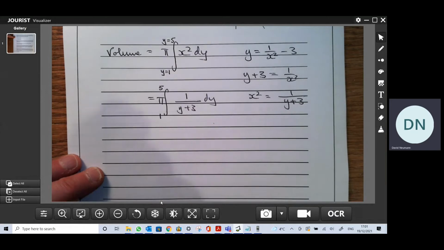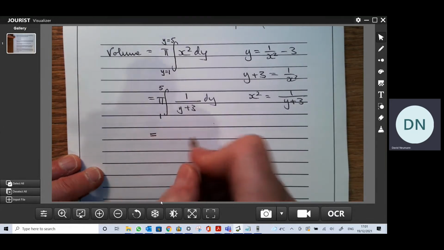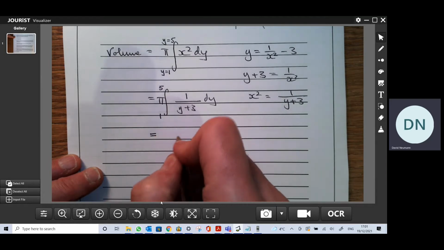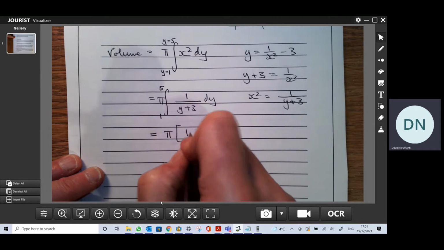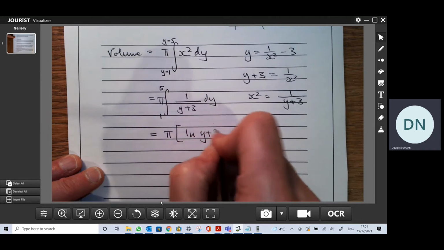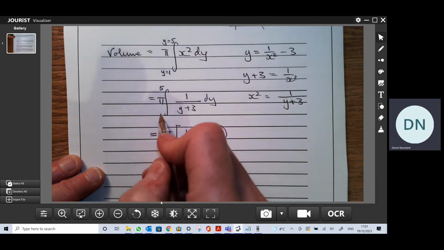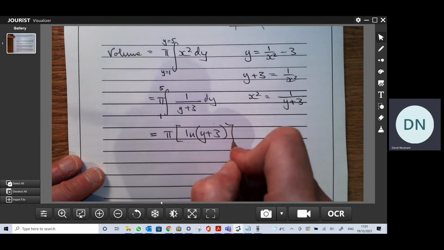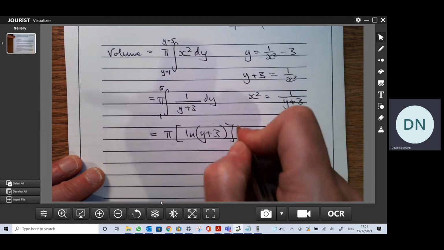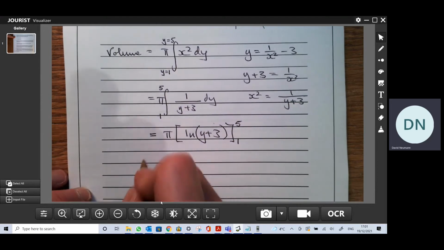So now we're going to integrate. Again, this is a function that you couldn't integrate in your first year, but you can now. We're going to get pi times ln of y plus 3. We don't need to worry about modulus signs because both our values are going to give positive values to take the log of, so I think it's acceptable to leave out the modulus signs.